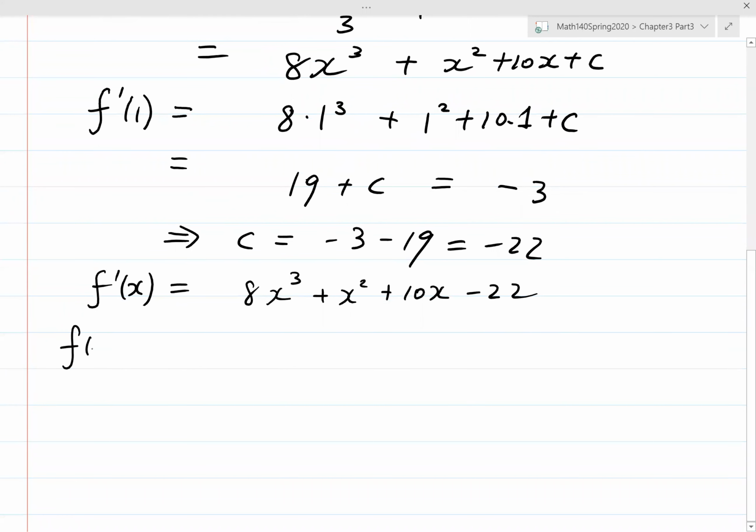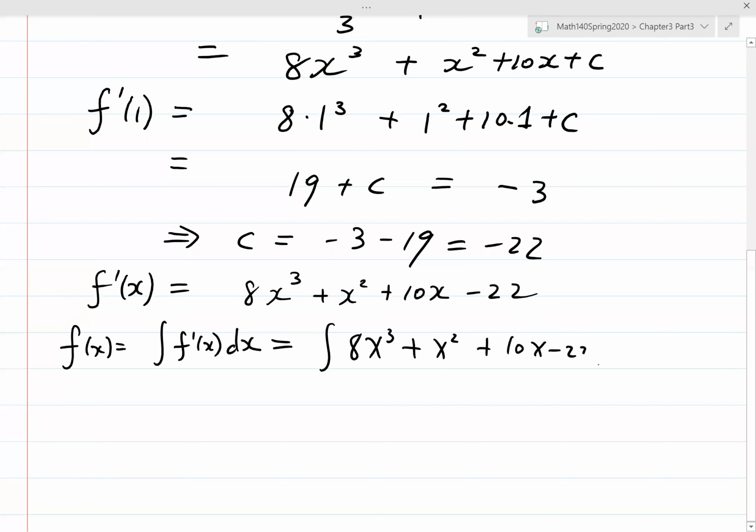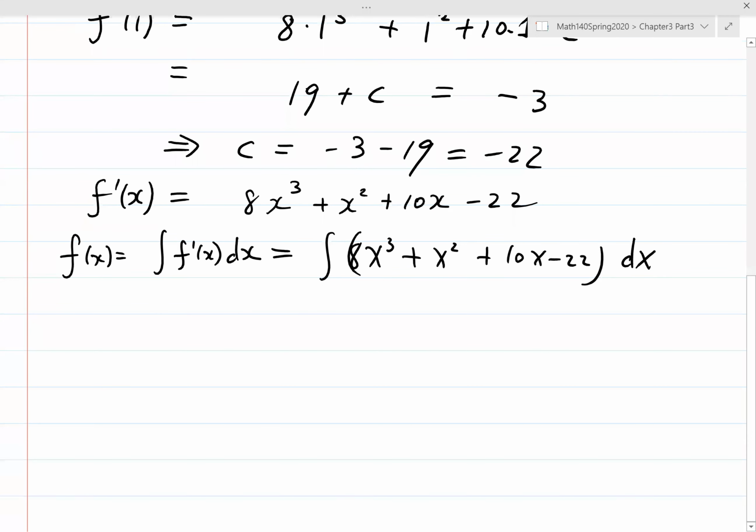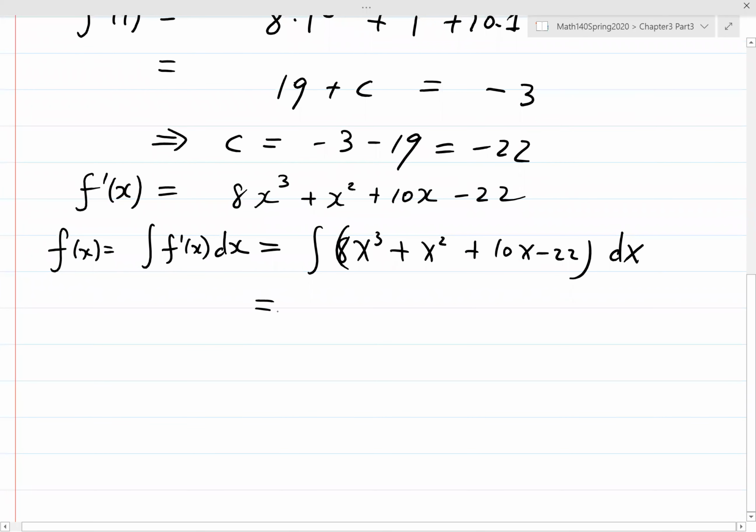Then from the first derivative, we do the antiderivative again. So fx is the antiderivative of f prime. Substitute f prime by 8x cubed plus x squared plus 10x minus 22. And then use the power rule. Now you increase the power. Power 3, increase power, you get a 4 divided by 4. Don't forget the constant coefficient 8.